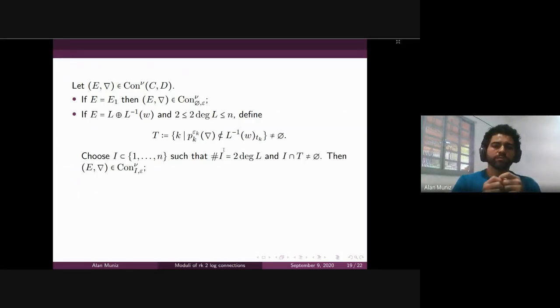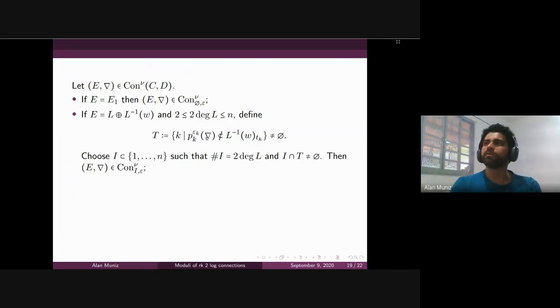We can choose the directions, and this I such that it has some conditions. The cardinality of it is 2 times the degree of L. Well, we can do that since 2 times the degree of L is less than or equal to n. And we have some intersection here.